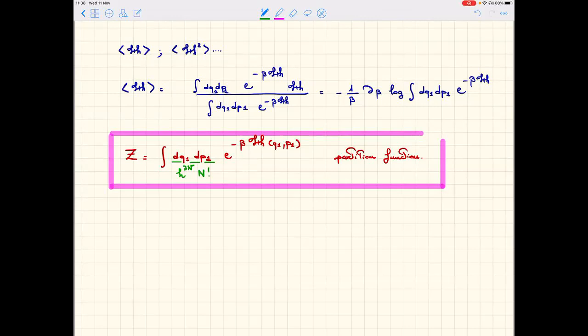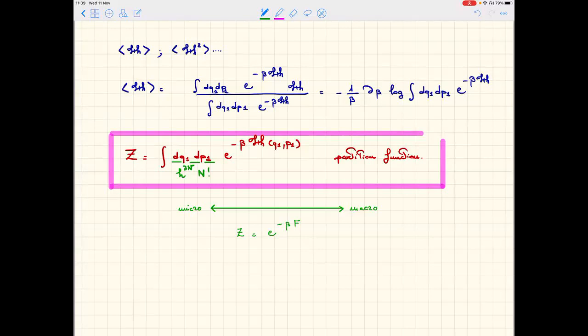Now, in the canonical setting, the connection between the micro world and macro world comes through the following formula. Z equal to e to the minus beta times F. You see?